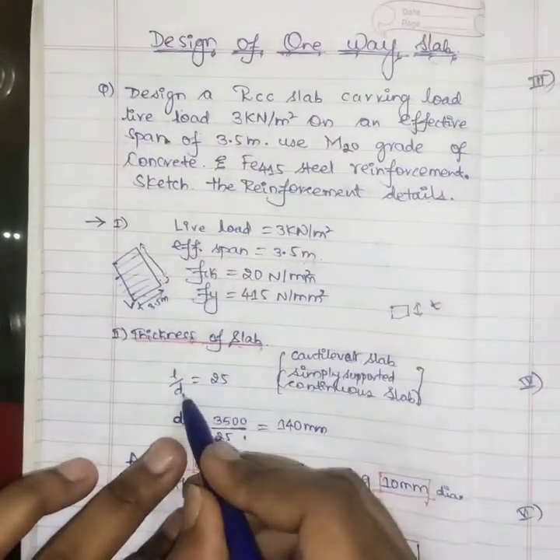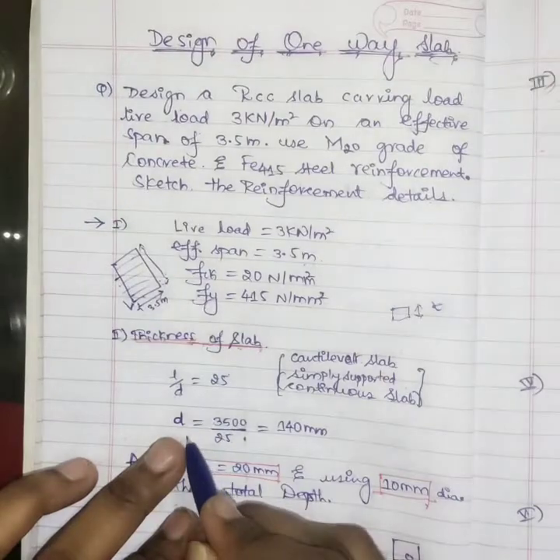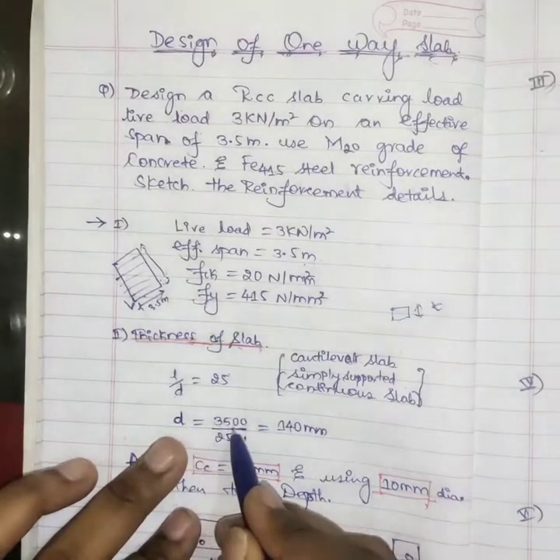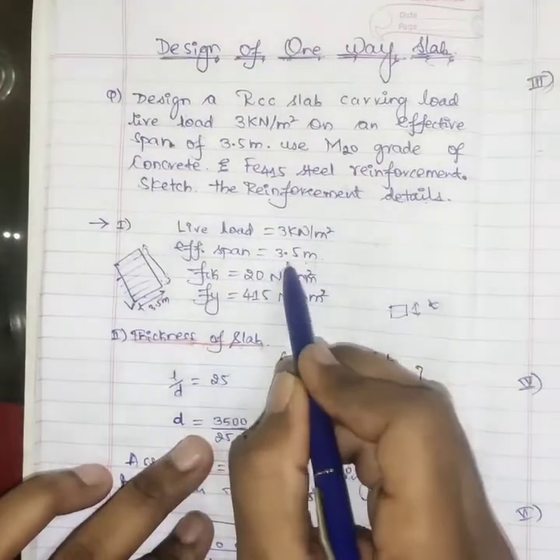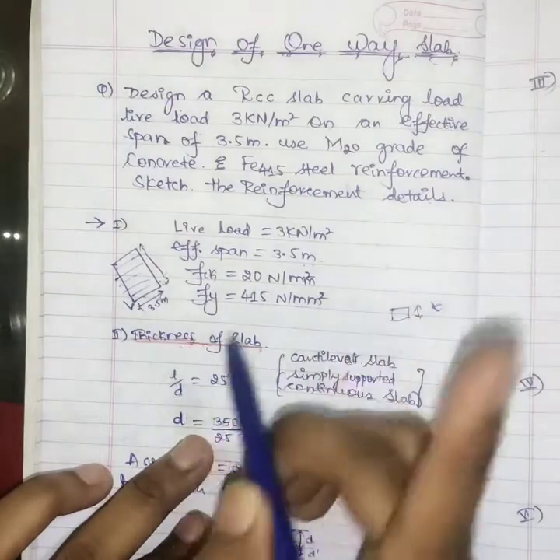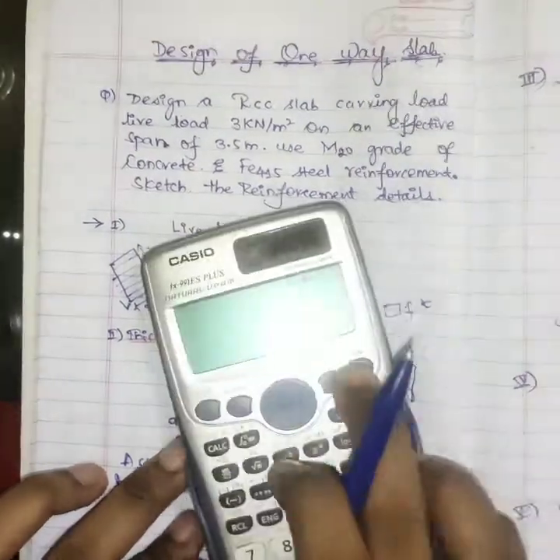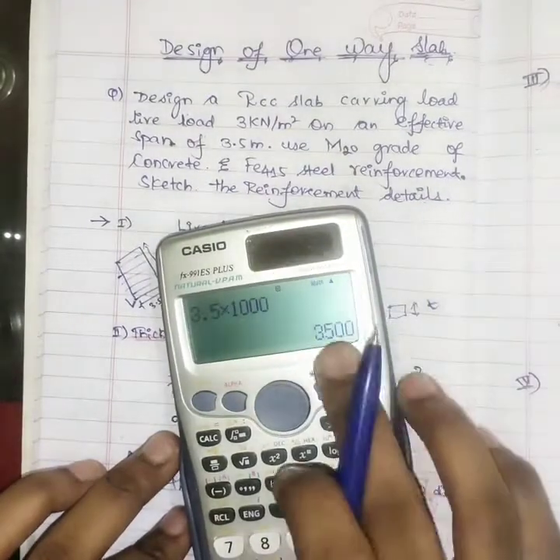So the formula becomes d equals 3500 over 25. 3500 is the effective span of 3.5 meter converted into mm, since 1 meter equals 1000 mm, so 3.5 meter into 1000 mm is 3500 mm.